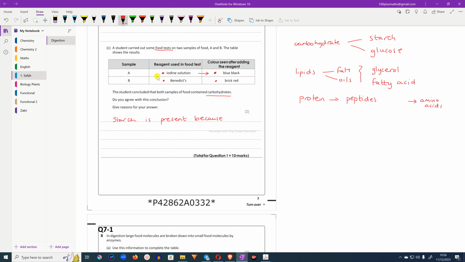Because the sample turns black blue. Do you agree with this? Yes. Let's put that first. The sample turns black blue when iodine is added.